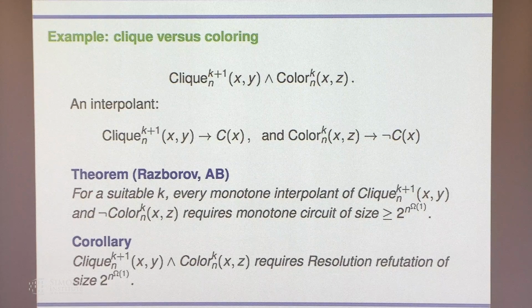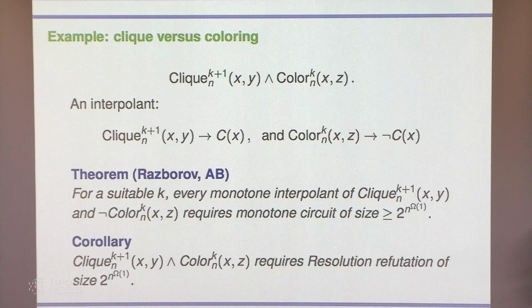And the way to see this connection is, remember this Alice and Bob game, where you split the variables into two parts and they are supposed to agree on a falsified clause.